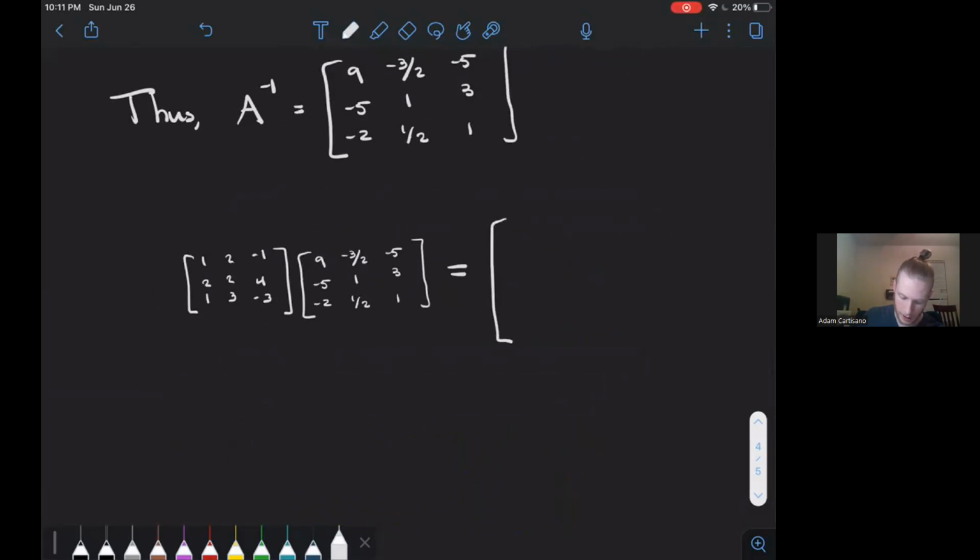9 minus 10 plus 2 is 1. That's promising. I'm going to go straight down. So 18 minus 10 minus 8 is 0. 9 minus 15 plus 6, also 0.